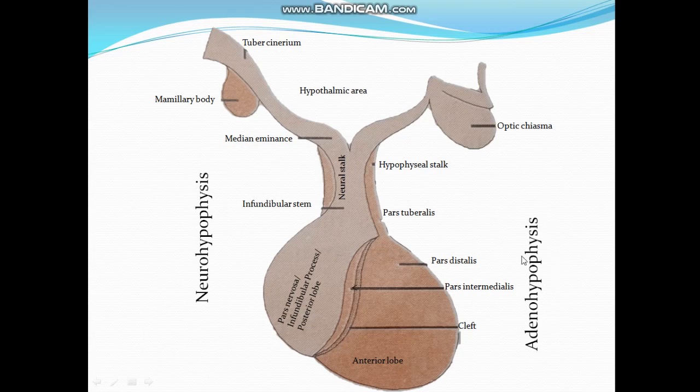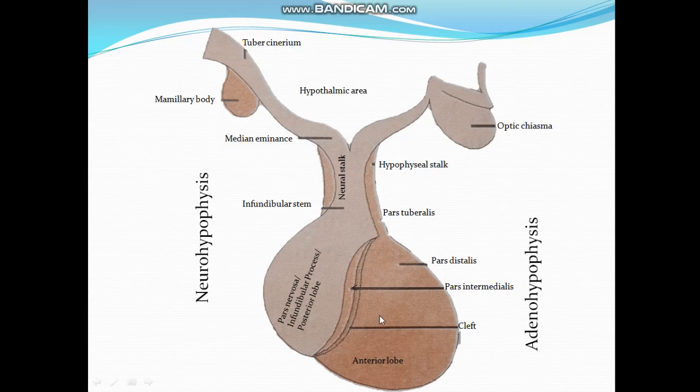Come here, we will discuss again the parts of the anterior pituitary gland and the parts of the posterior pituitary gland. The anterior pituitary gland, as I told you, is also called the adenohypophysis, which makes up around 75% of the total mass of the pituitary gland. The adenohypophysis is made up of three parts. The largest, dilated part of the anterior hypophysis is called the pars distalis.